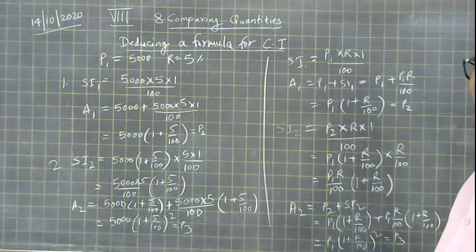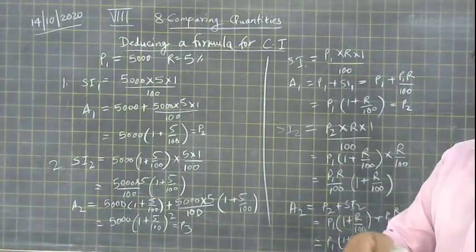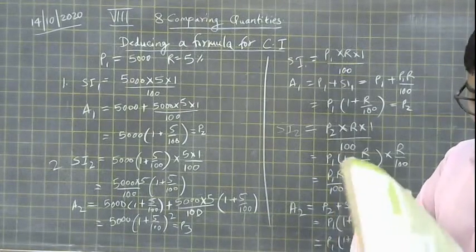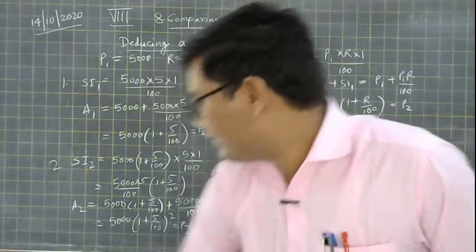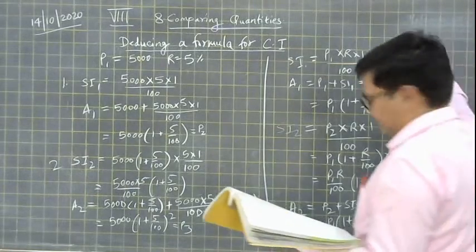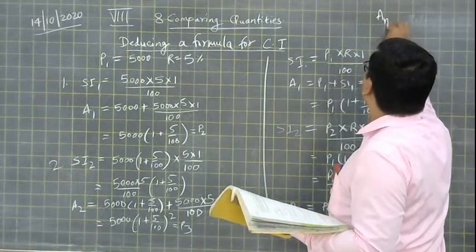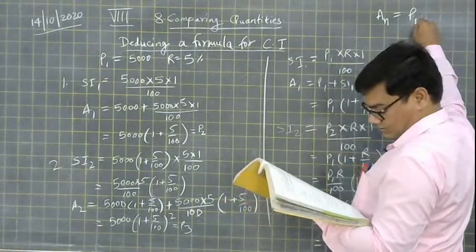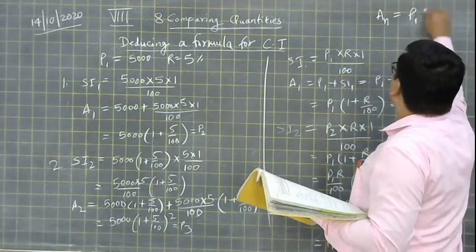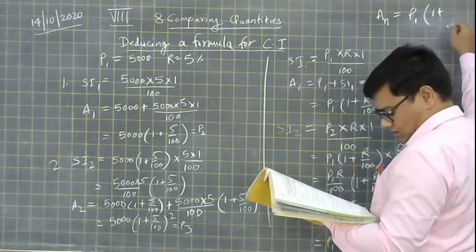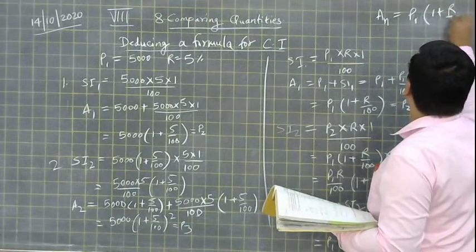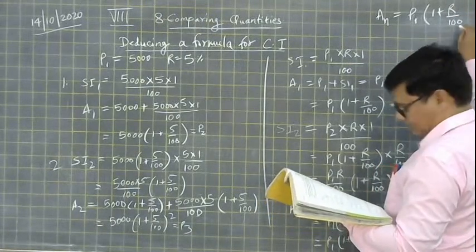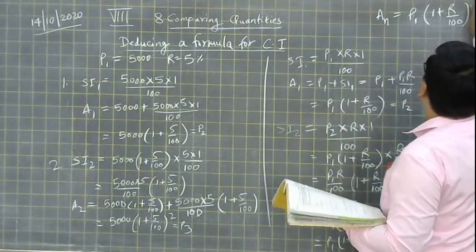Proceeding in the similar manner, we can write An is equal to P1 into 1 plus R upon 100 power n.